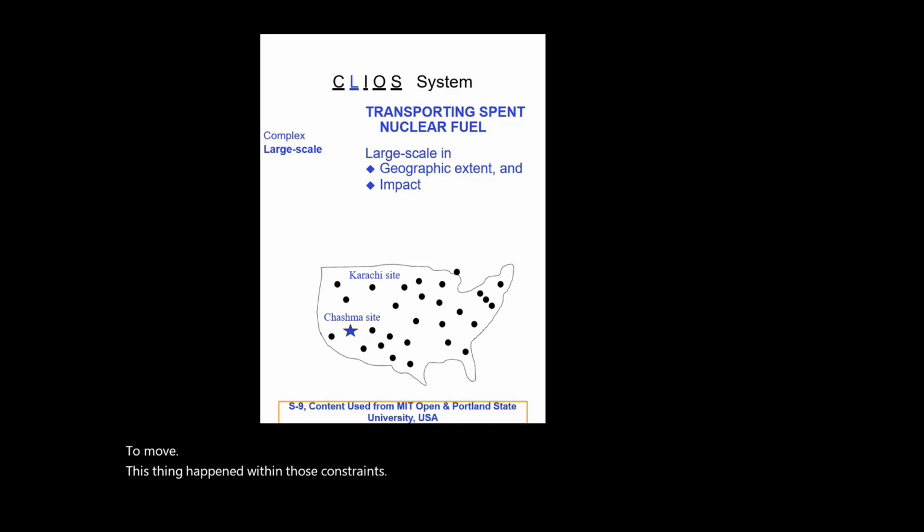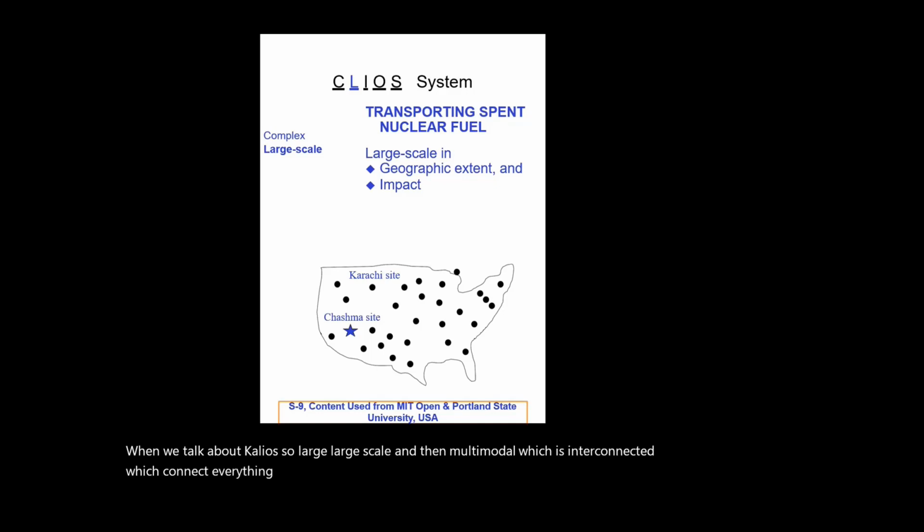Institutional machinery means the system. When we talk about CLIOS, it is large scale and multimodal, which is interconnected, connecting everything. Interconnected means multimodal connectivity. But again, we have 5, 6, 7, 8 constraints. So does our system have that specific capacity?